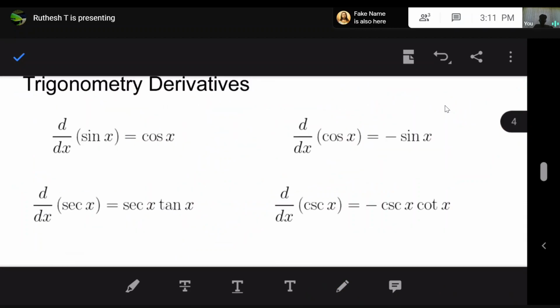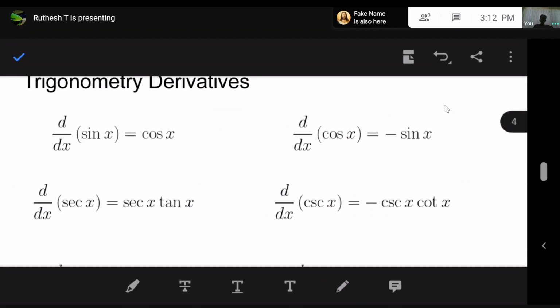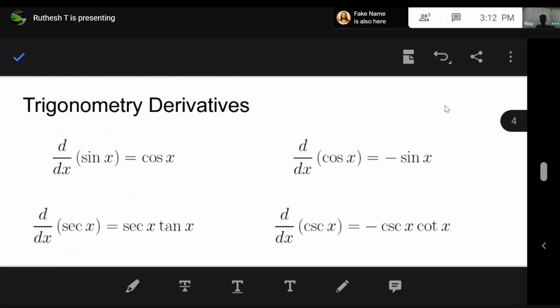So now we're moving on to new material. Now we're going to take the derivative of various trigonometric functions.